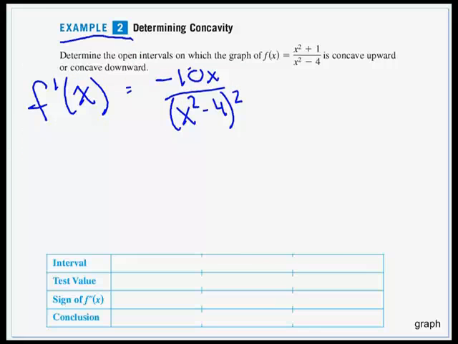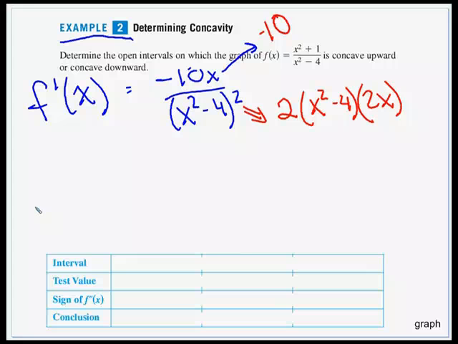So we'll move this up here. And if we find the derivative of our upper function, d high would be negative 10. And d low, to derive this, we're going to use the chain rule. Bring the 2 down front, and then we're going to have x squared minus 4 to the first power, and then our inner function's derivative would be 2x.